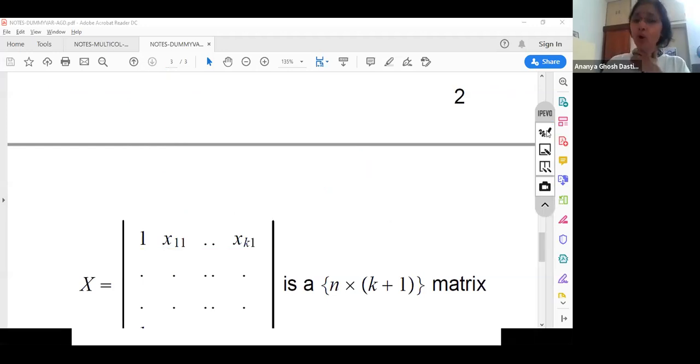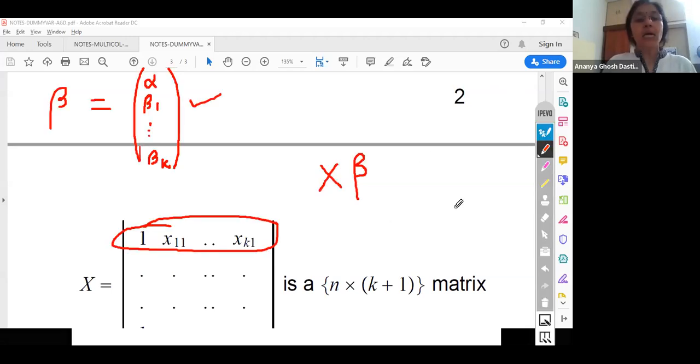Okay, what I'm trying to do now is talk about the dummy variable trap. Now the answer to why there is a dummy variable trap lies right here.